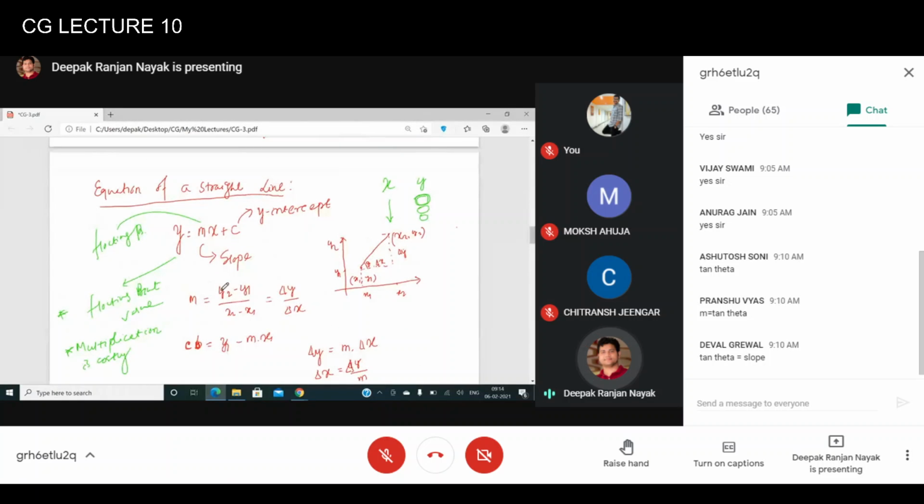So what will you do here? You have to either apply some round operation or apply such a method which gives an integer value. Maybe you can consider the next highest integer value, or the next lowest integer value, right? In that way you can consider.